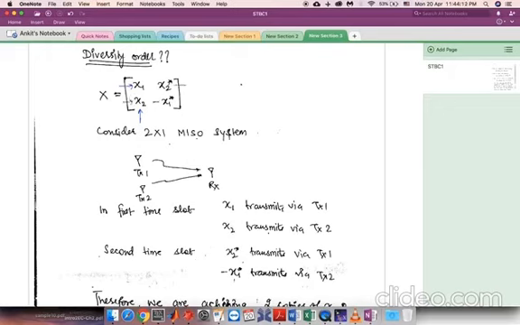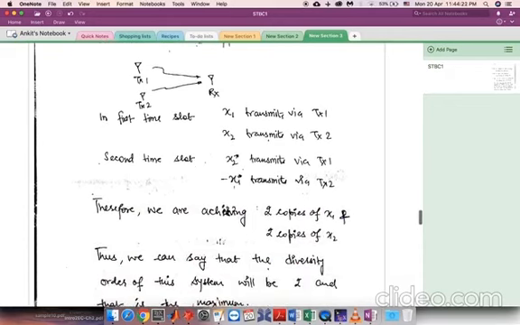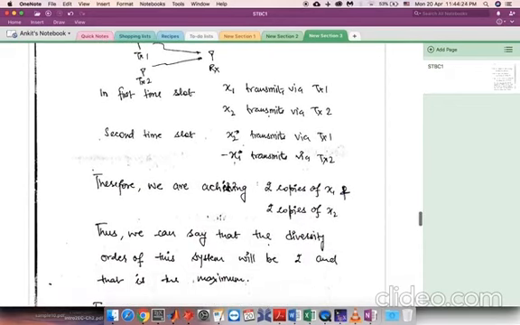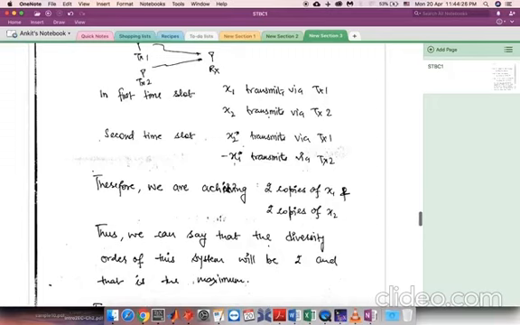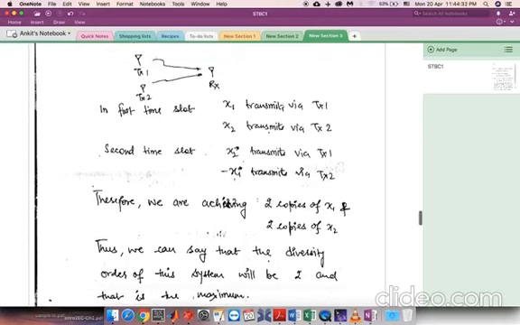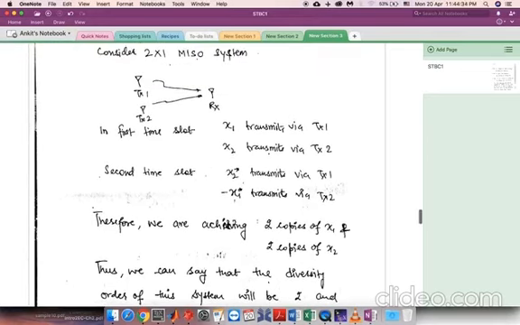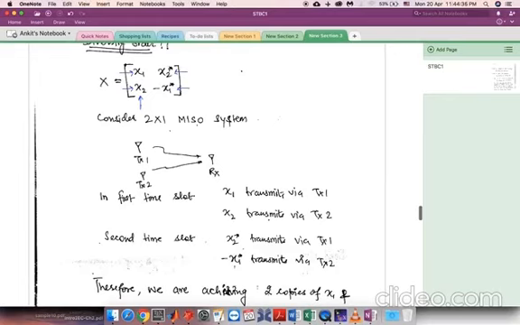Similarly, this is from transmitter 1 and this is from transmitter 2. Fine. So if you go ahead here, you will find that the total number of copies of x1 and x2 would be 2 at the receiver, right? In the first instant, one copy of x1, and in the second instant, another copy of x1.